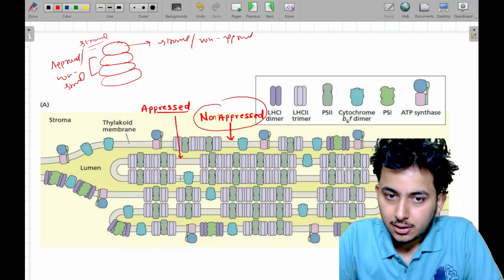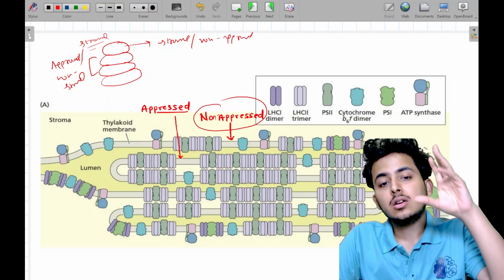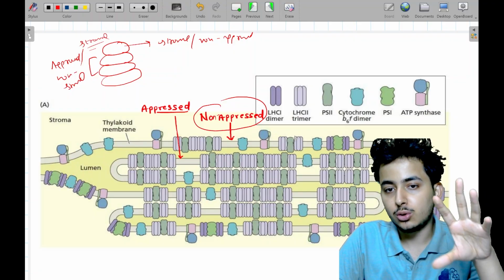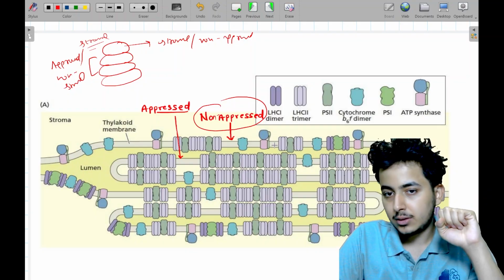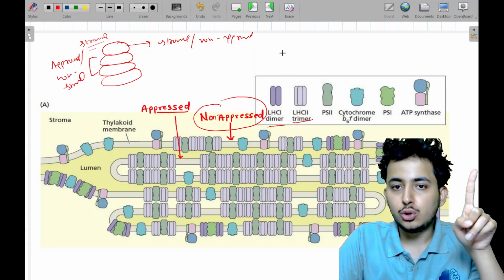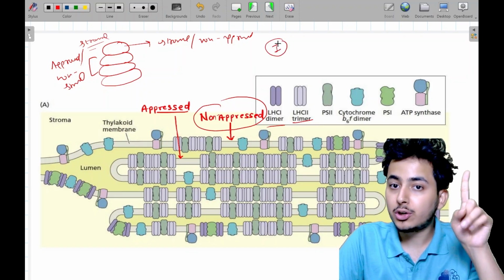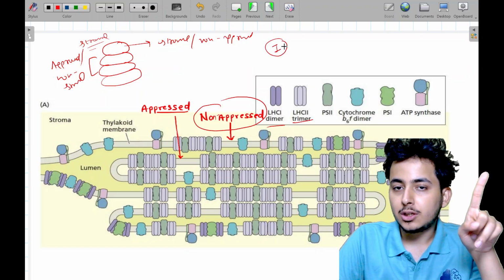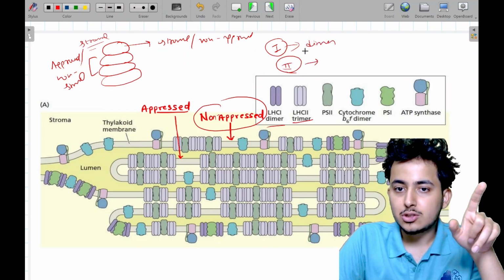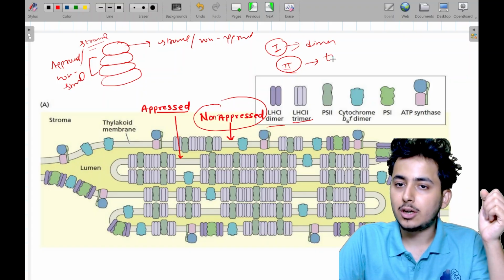In this diagram, you can see a distinguishable pattern of arrangement of these different molecules, where you can have the LHC1 dimer and the LHC2 trimer. I told you a trick to remember: after 1 on the number line you get 2, so LHC1 will be a dimer; after 2 you get 3, so LHC2 will be a trimer.